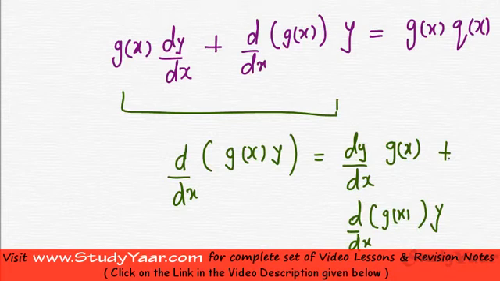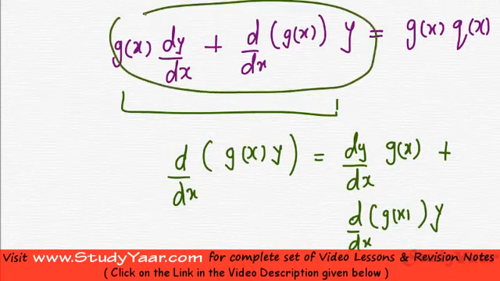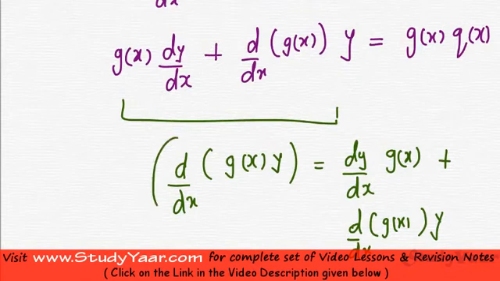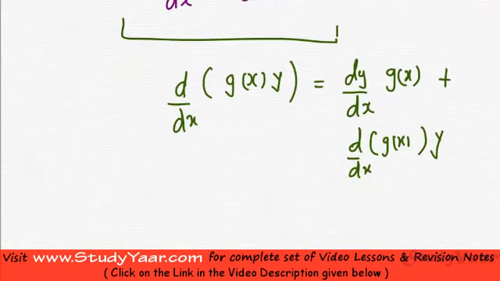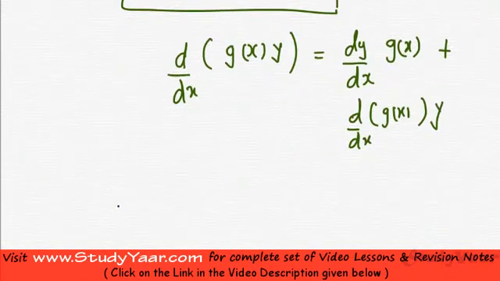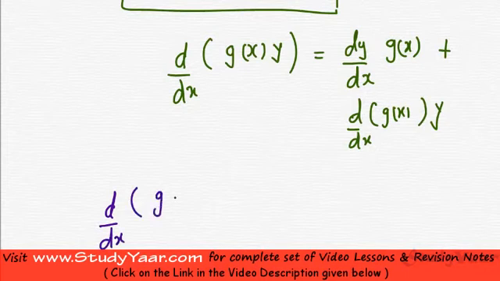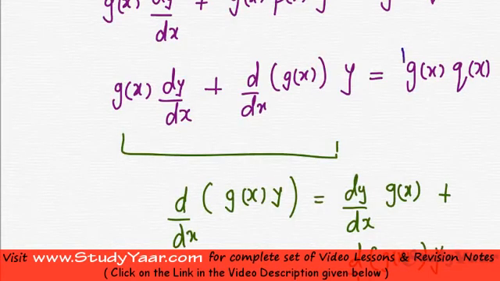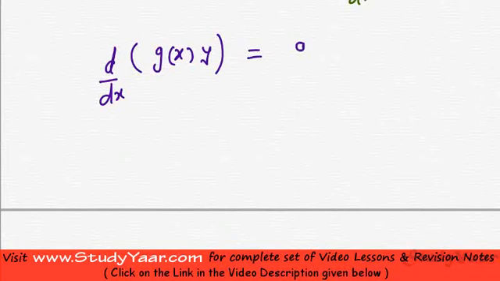So now I would replace this with this. So what I have is d/dx of g(x) into y is equal to g(x) into Q(x).